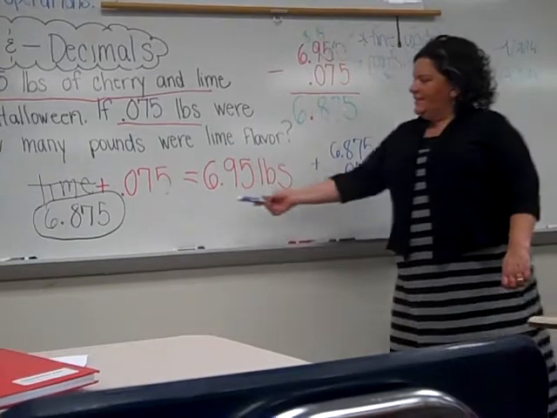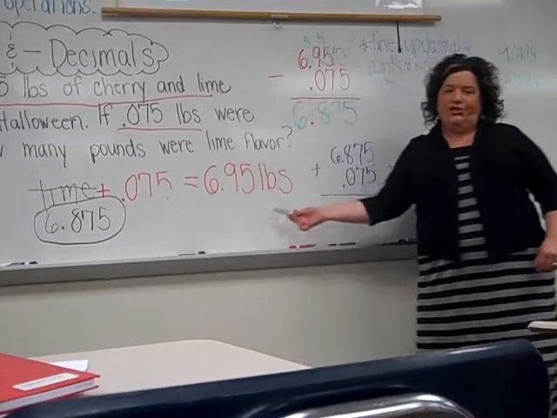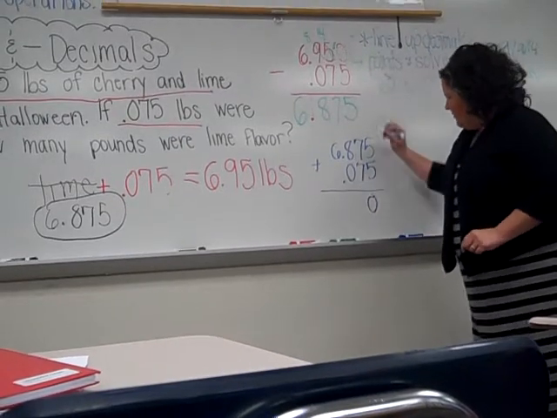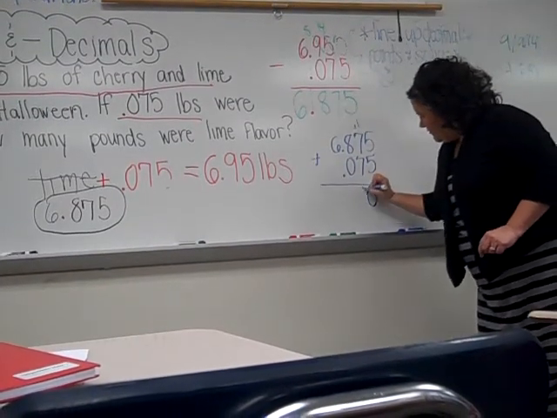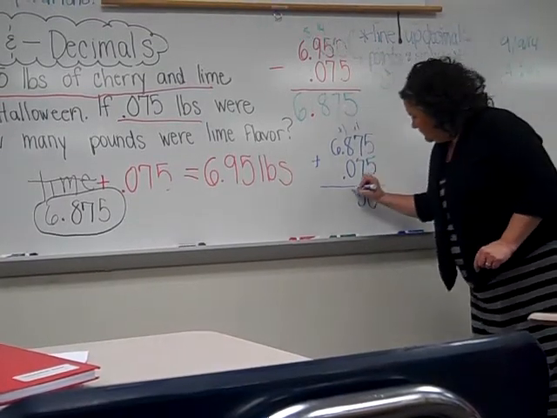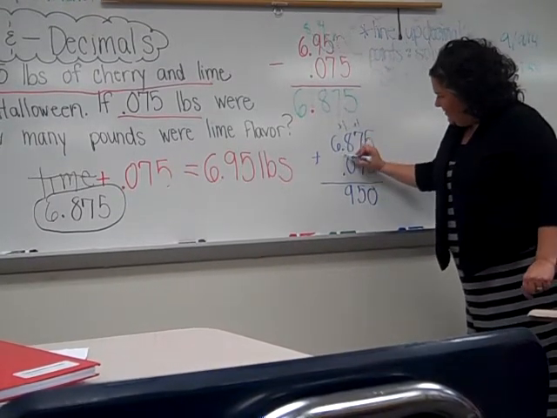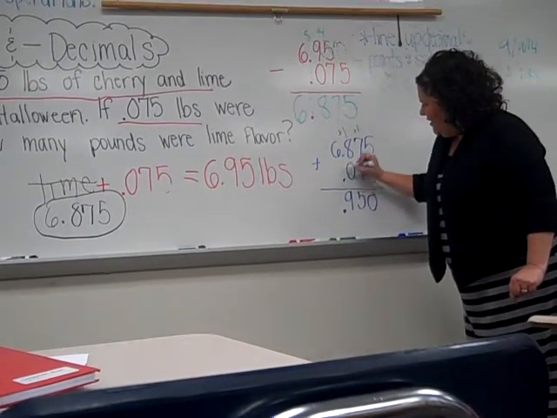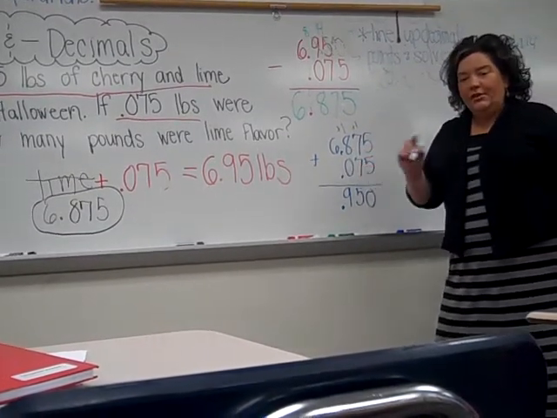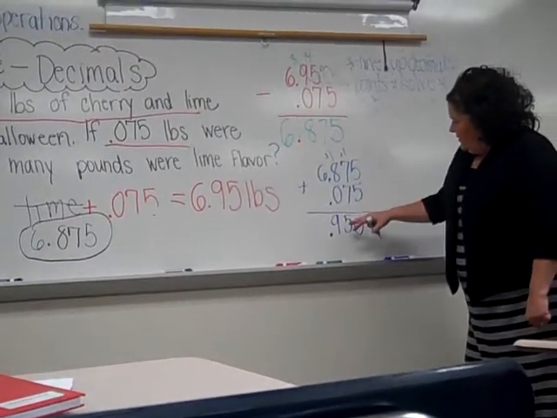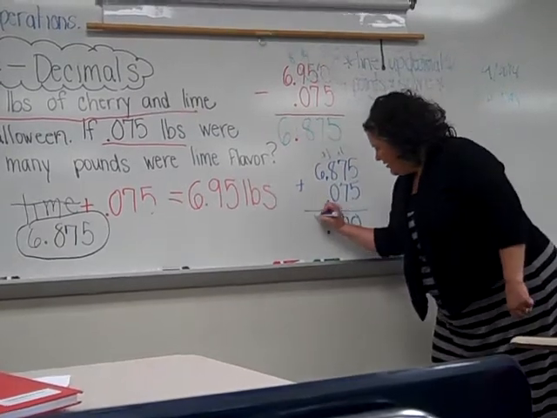So we're checking to see if this number sentence is true. 5 plus 5 is 10, carry the 1. 13. Oops, there are my decimal points. Always make sure you line up those decimal points when you're adding or subtracting. 9. 6.